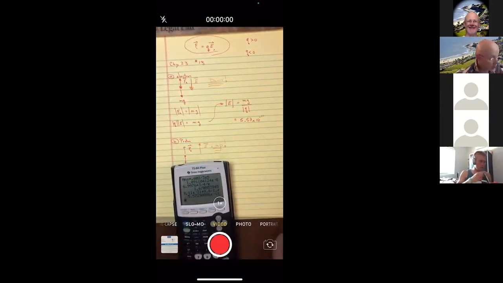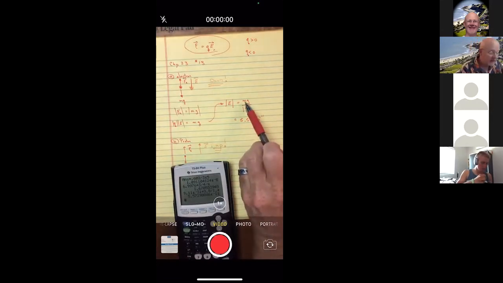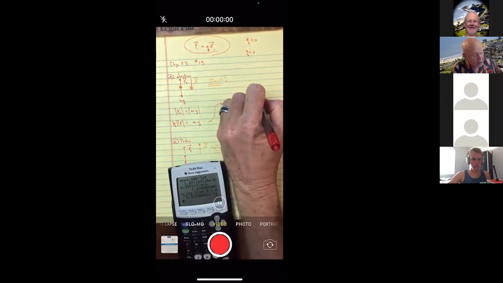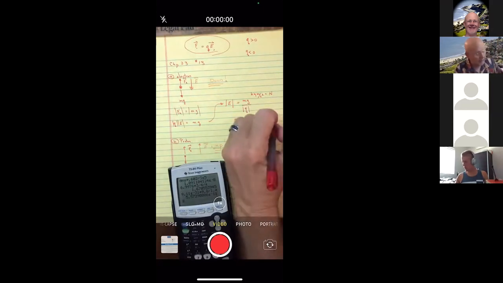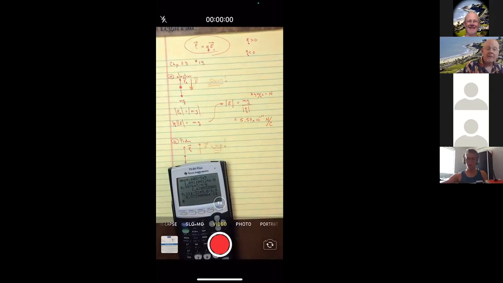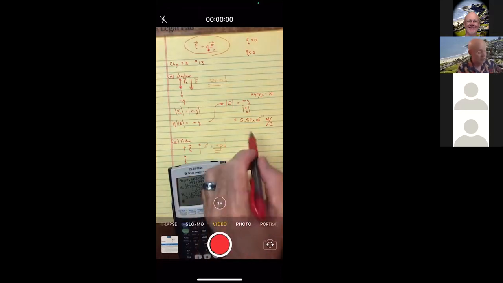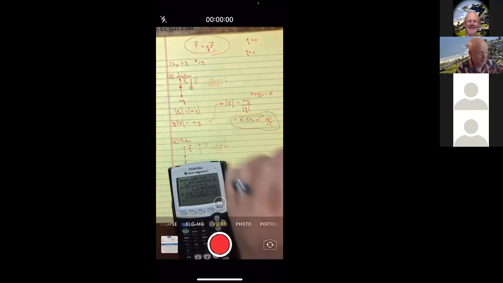And let me look at the units. Mass in kilograms times acceleration in meters per second squared is a Newton. So the top has a Newton and the bottom has coulombs. And so this is the answer in newtons per coulomb, which is good because that is the appropriate unit for an electric field. Electric field is measured in newtons per coulomb.